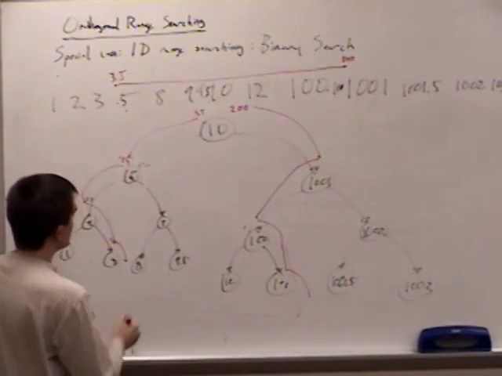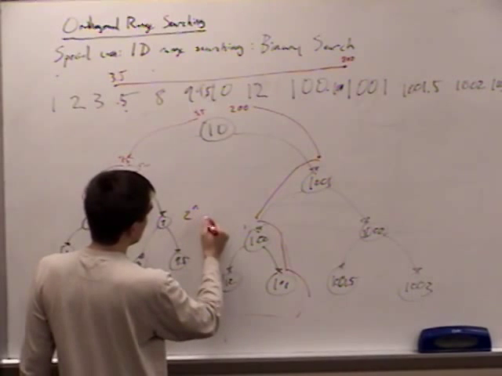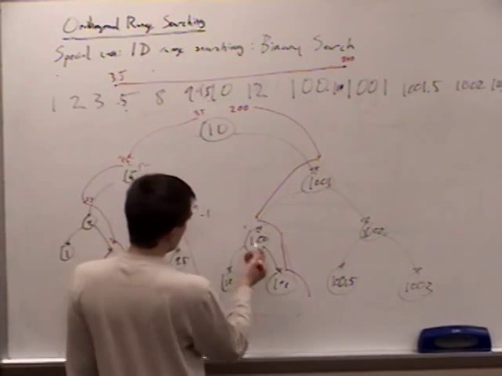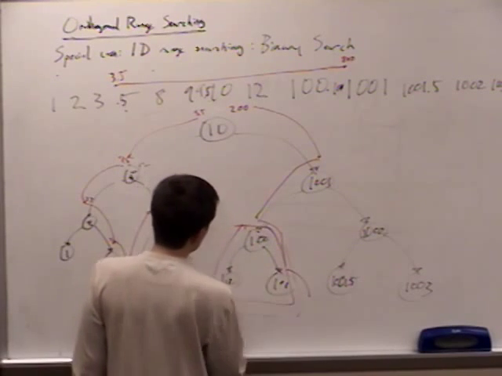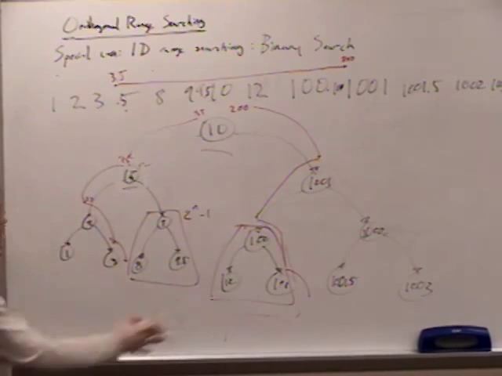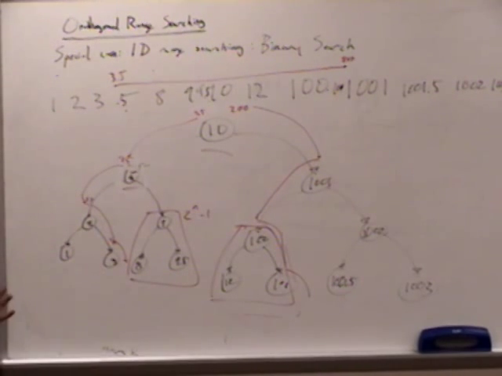So each of these things is going to be some interval of the size 2 to the n minus 1. This whole tree here, and then we have these extra odd nodes here. So we have covered this whole thing with a set of intervals by decomposing it in this way.